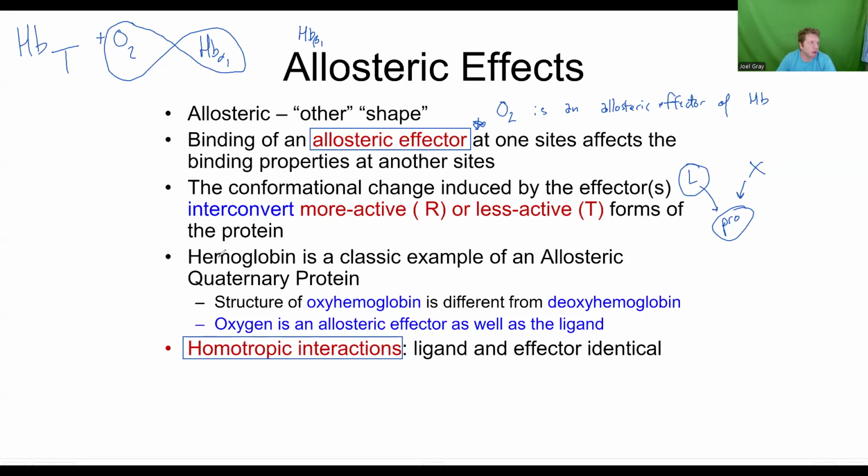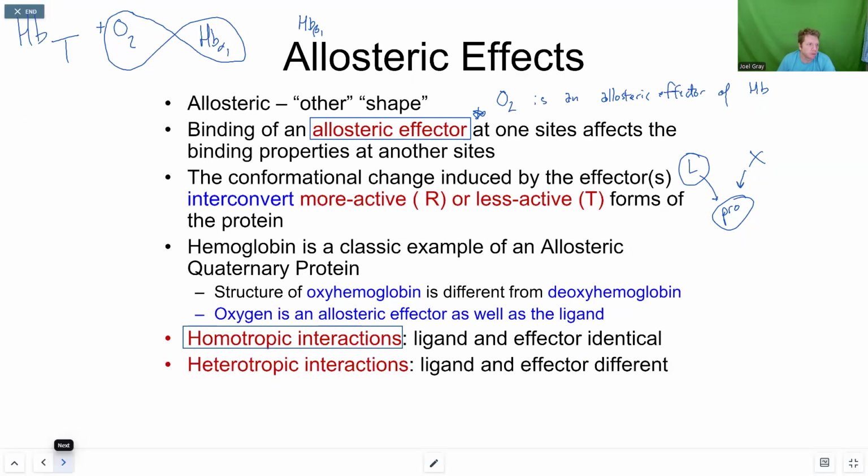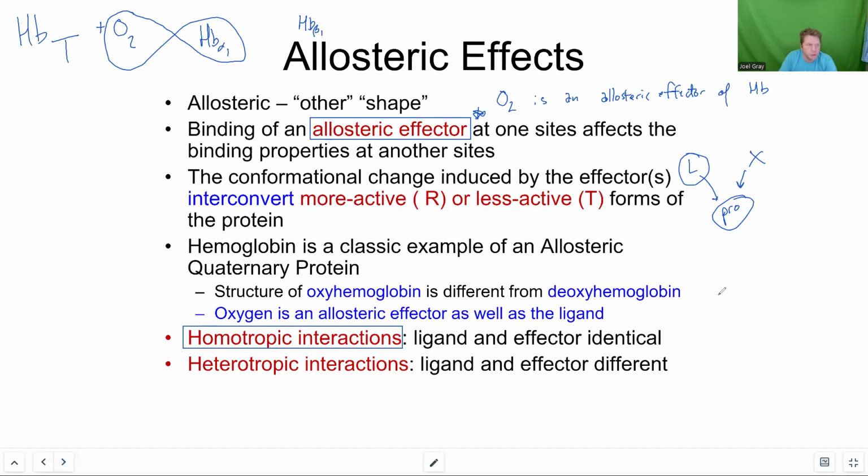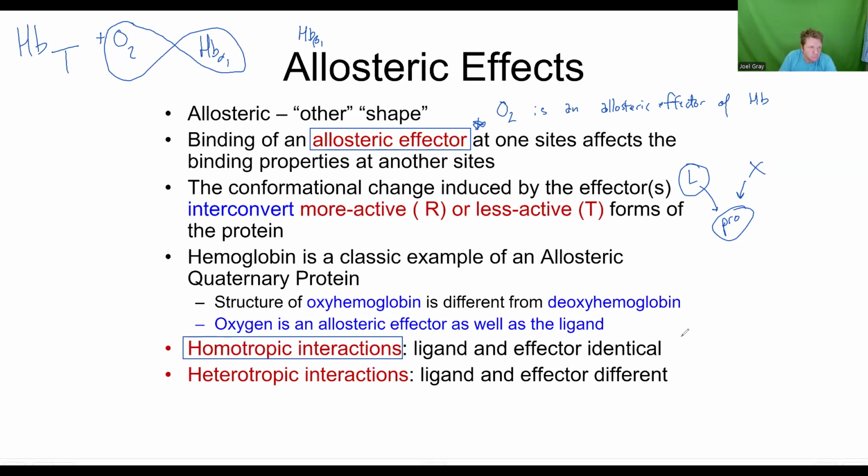That would be an example where the ligand and the effector molecule are different from one another. That would be a heterotropic interaction. So a homotropic interaction, or another way to put this, is you could say that O2 is a homotropic effector.